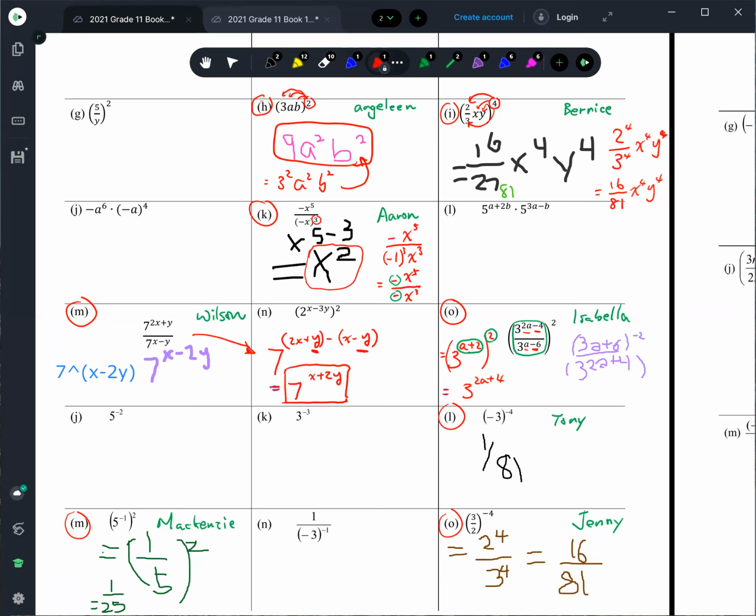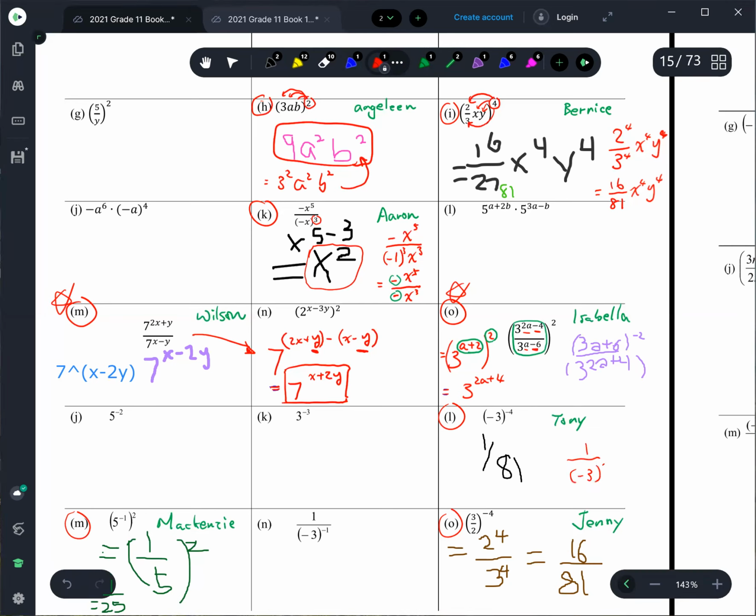Okay, do we have any questions so far? I think question M, question O are the harder ones, right? Out of these 8. And then L, L is a negative exponent, right? So you got to make it flip over, -3 to the 4, and then goes to 1/81.